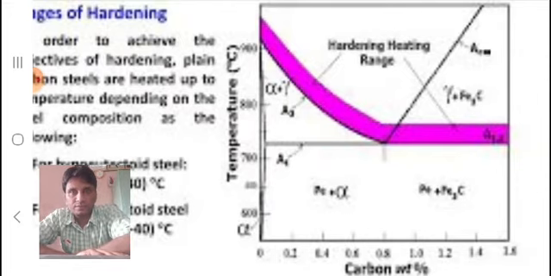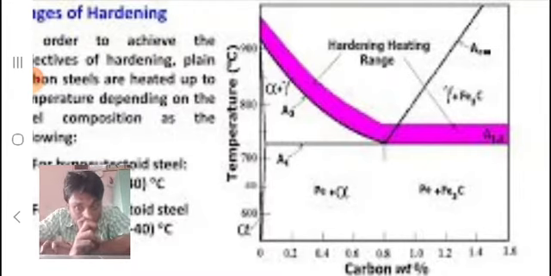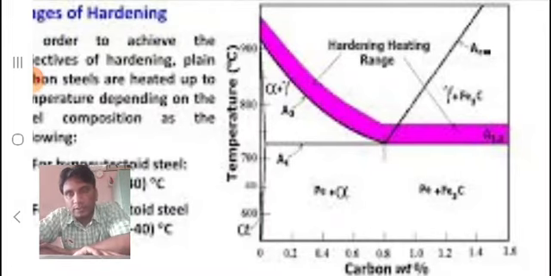Because of that, the core portion of the steel takes time for the transformation to take place, that is, the steel in austenitic phase transforms into the required phases, pearlitic phase or pearlite plus ferrite phase, or cementite plus pearlite.